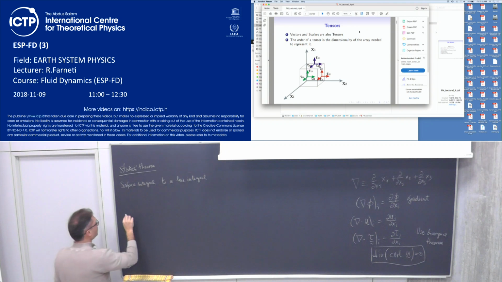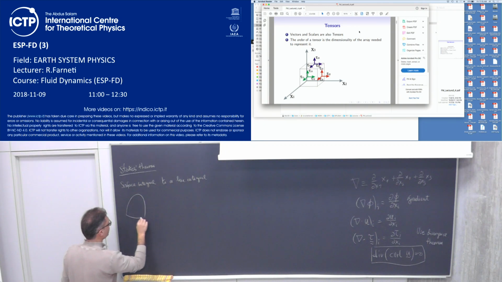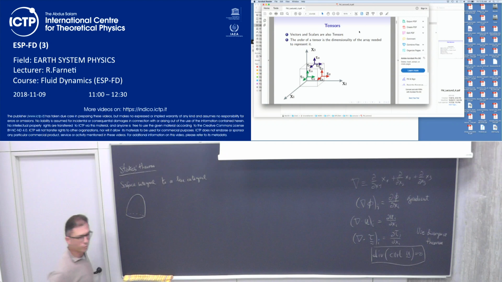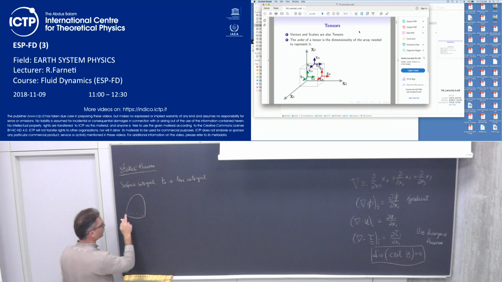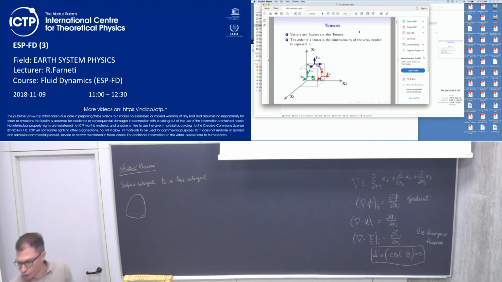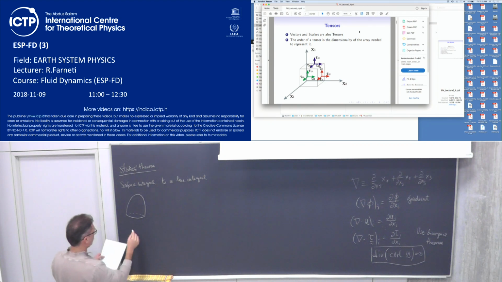So, an example, take a bell-shaped volume, okay? So this is going to be my area, which is bounded by a line, a bounding curve, where the area is open, okay?